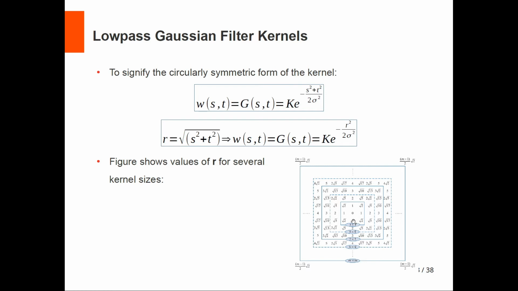For all the immediate neighbors, the value for r will be 1, and for the diagonal pixels or the diagonal element of the kernel, the value for r will be the square root of 2. So if you replace r for each one of these and you predefine the value for k and the sigma, you can basically come up with the weight for your kernel.